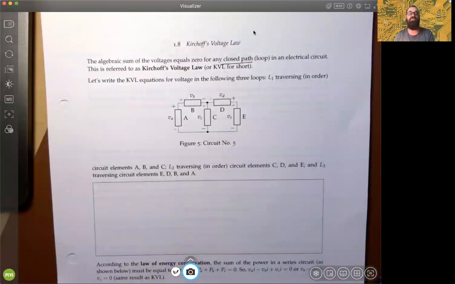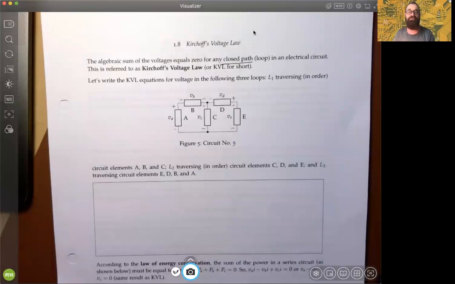So the algebraic sum of the voltages in a closed loop has to be 0, which relates to the conservation of energy, okay? So let's write the KVL equations for voltage in the following 3 loops, and we'll write them in a way that we can represent the loops. I'm going to use a different color pen here so you can see them.